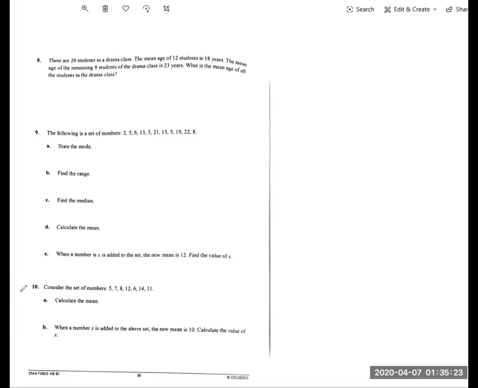Now, let's look at this. Total frequency: 1, 2, 3, 4, 5, 6, 7, 8, 9, 10, 11. So the total frequency is 11 of them.